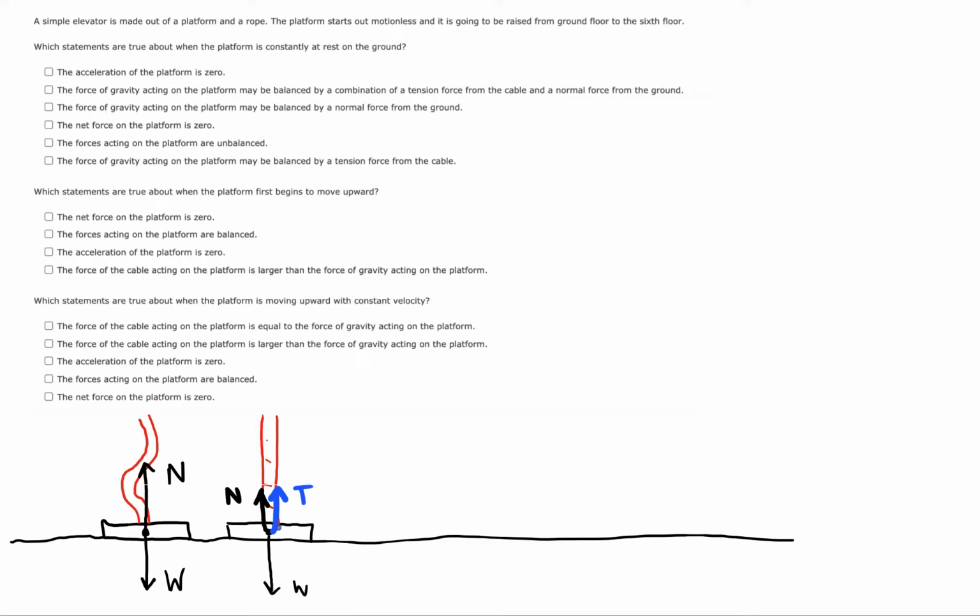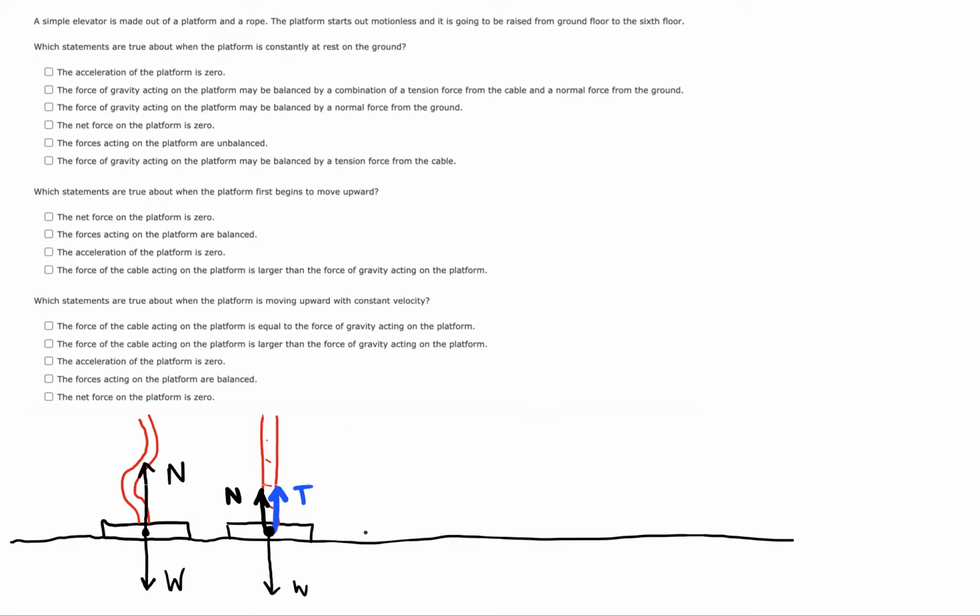Alright, so the blue represents the tension due to the rope. The N represents the normal force due to the surface. Even though I drew them kind of angled like that, they're actually both supposed to be pointing straight up. It's just how we draw more than one force when they're together like that.